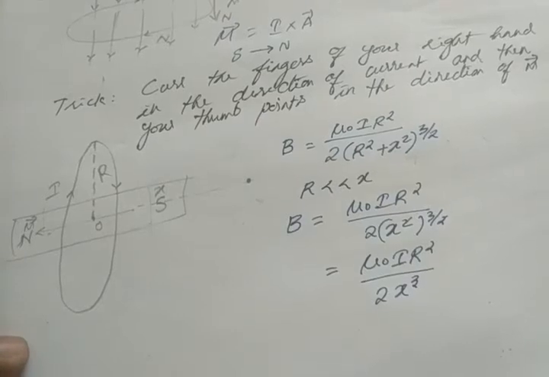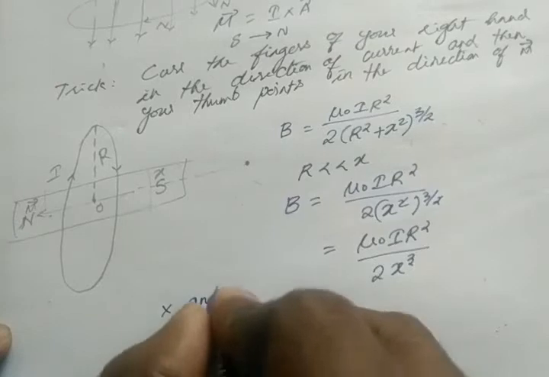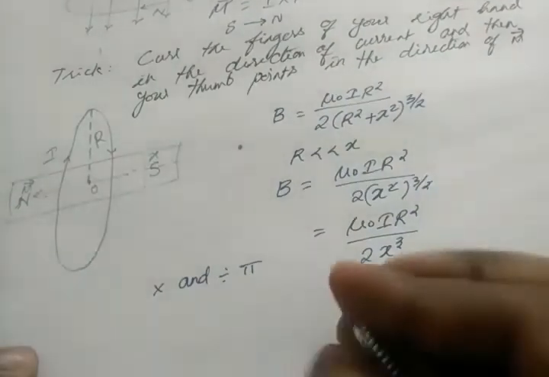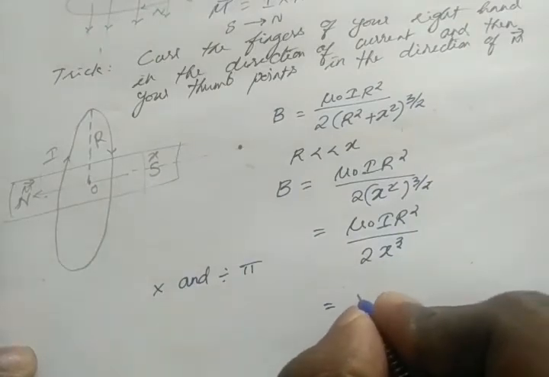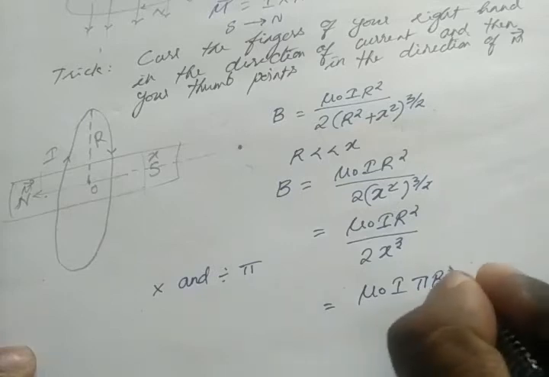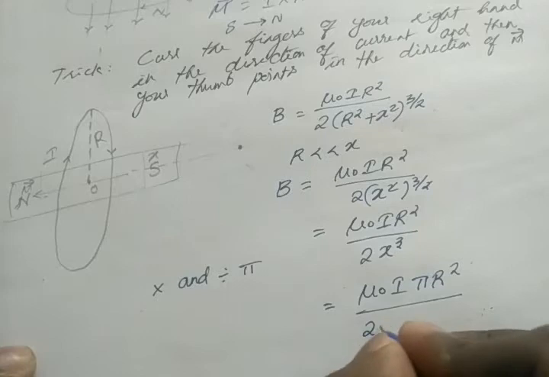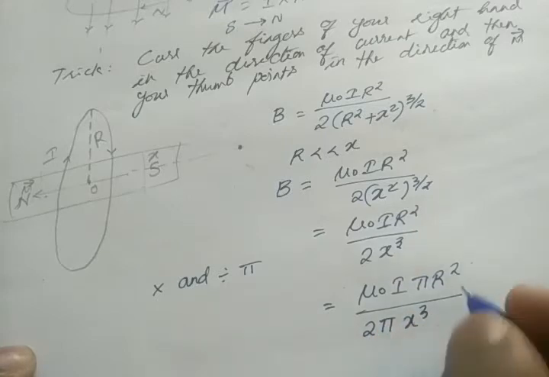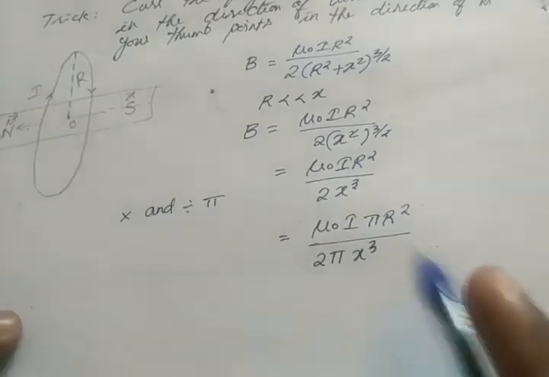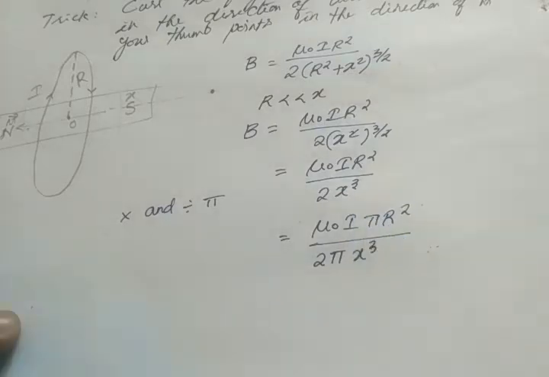Here I multiply and divide with pi. Then I get mu naught I pi R square divided by 2 pi x cube. So what is pi R square? Pi R square is the area of the circle.